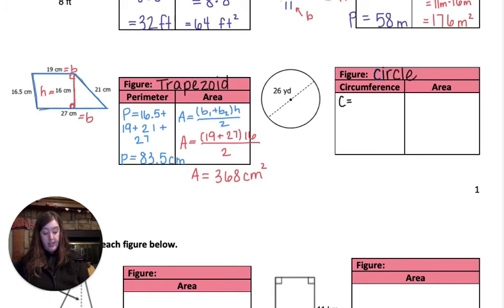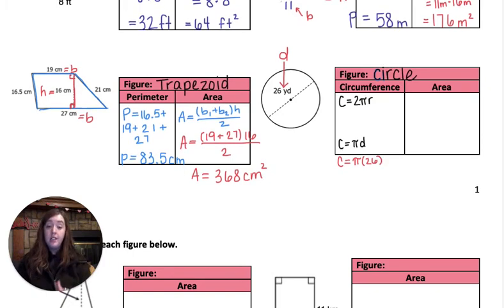Circumference can either equal pi r, or circumference can equal pi times the diameter. Now, this 26 is labeling that entire dotted line. So that makes 26 the diameter. So we could pop in 26, pi 26.